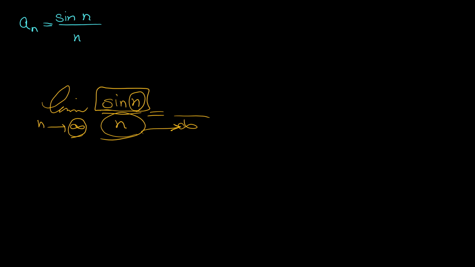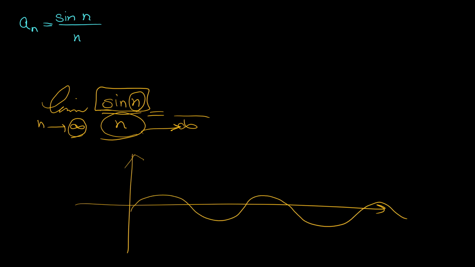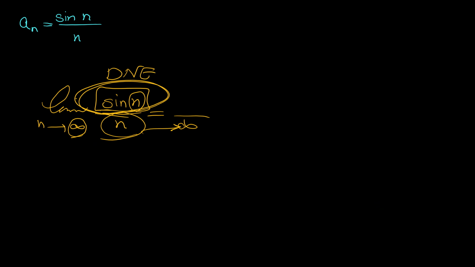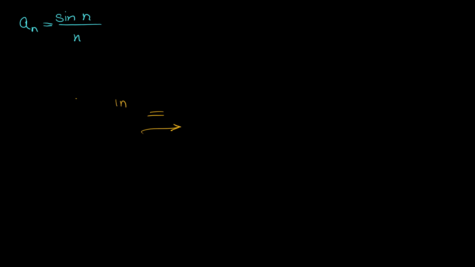But we know that if you look at the graph of sine, it oscillates up and down and it doesn't approach any value. So sine of infinity does not exist. That's the reason we think to using a squeeze theorem or a sandwich theorem.